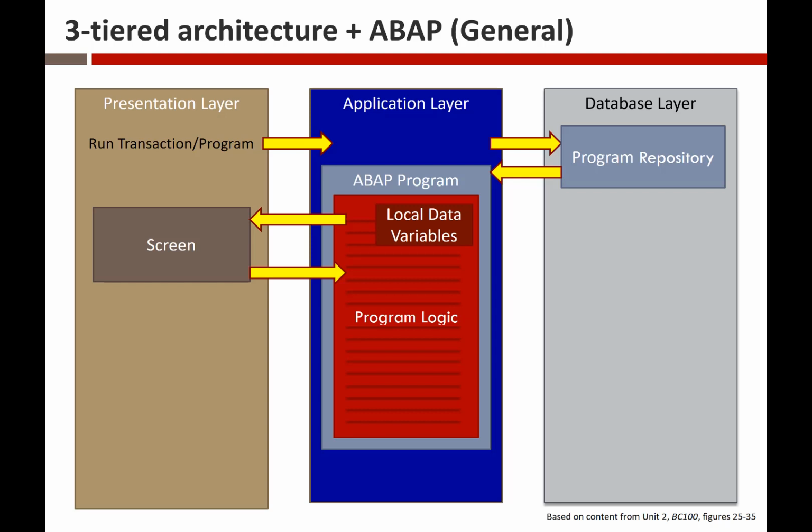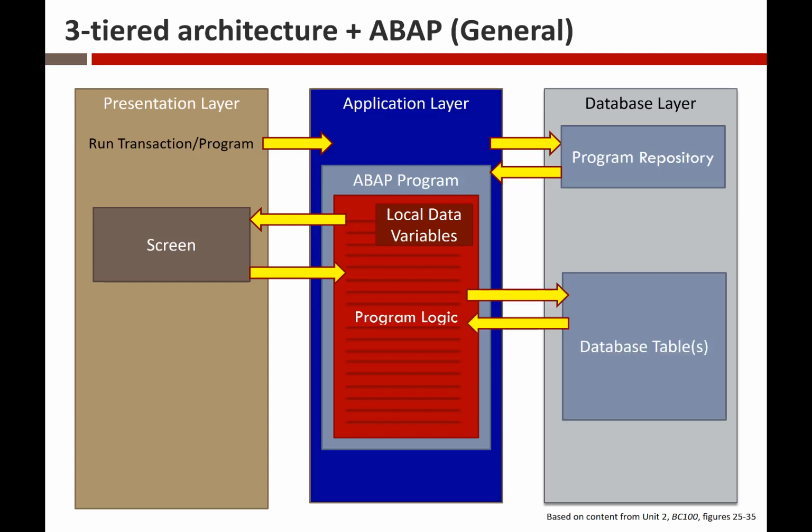Just like in any other program that you write, we're going to have variables that are going to have values set to them. And maybe, depending upon the control flow of this particular program, that is going to result in us going to a database table, 5 database tables, whatever we need to, and inserting or updating or deleting or just referencing information in various database tables.